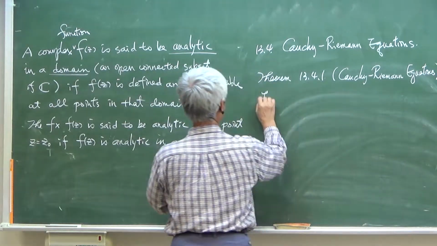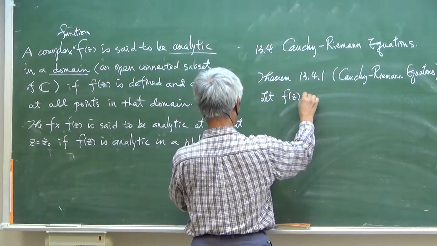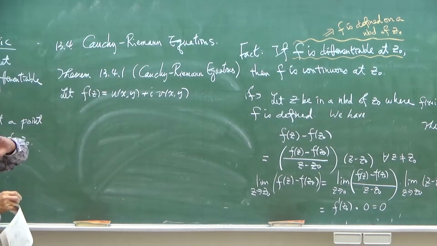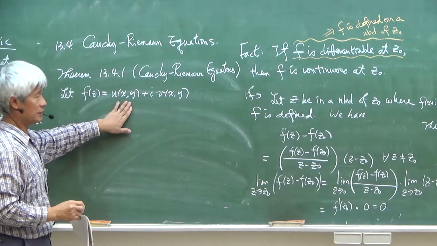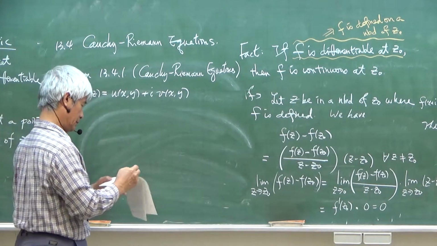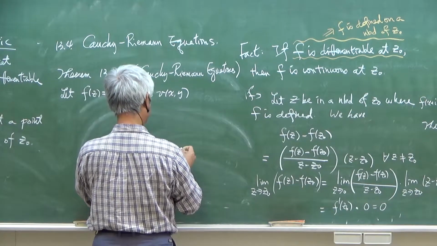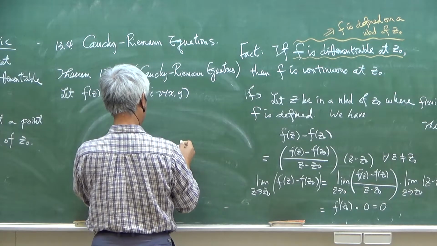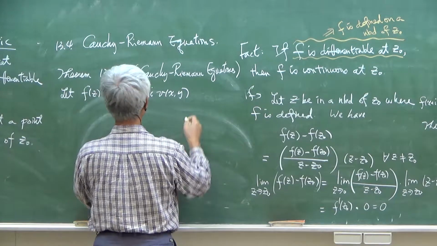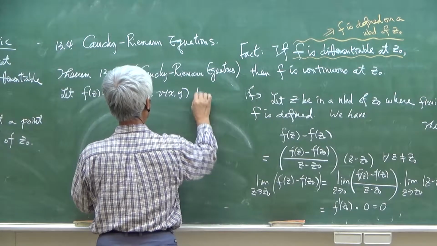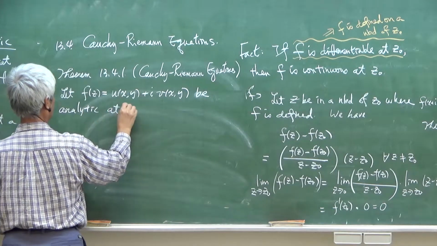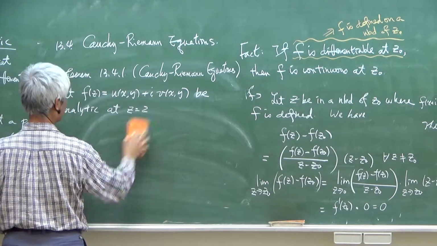Okay. So let a complex function be written this way, in terms of its real part function and imaginary part function. And we say that this one is analytic at a point z0.